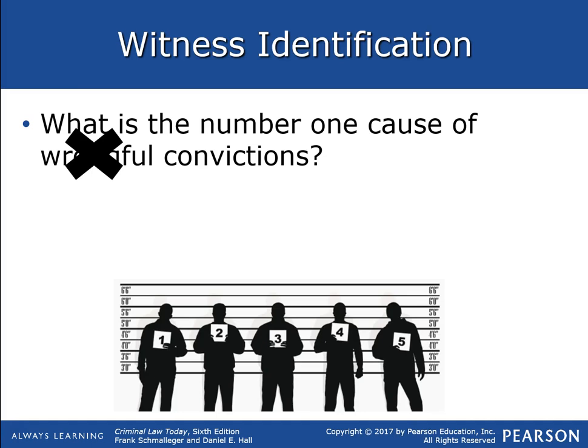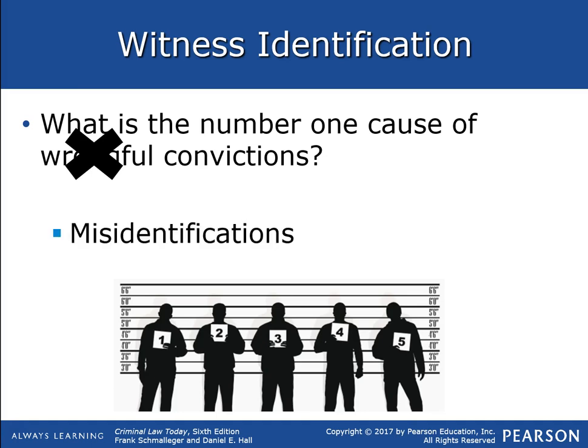So I just wanted to add a little context to that, that while we know that those witnesses, or the majority of them, didn't convict somebody on purpose. Their motive wasn't to convict someone. They truly believed that they had identified the person that committed the crime, and therefore, sometimes it was found that they weren't the person.